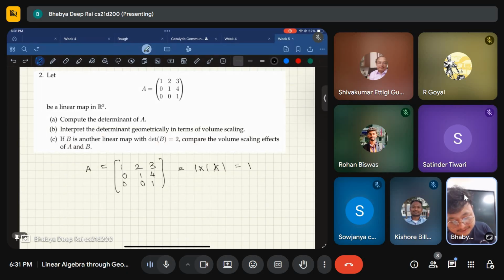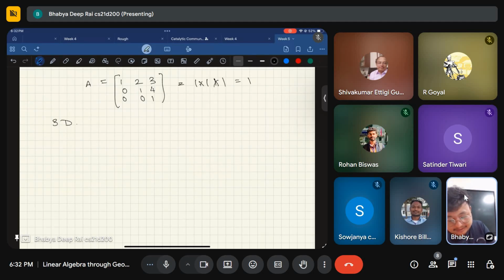But what the question asks is to interpret the determinant geometrically in terms of volume scaling. So this is a 3-dimensional space operation.